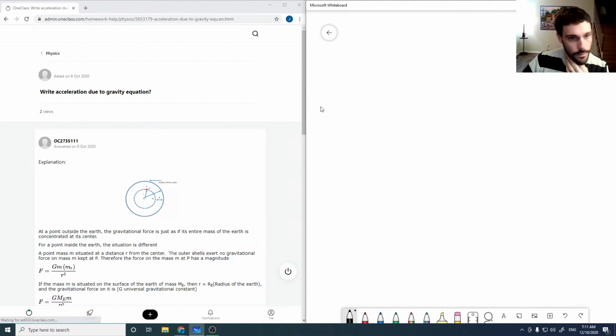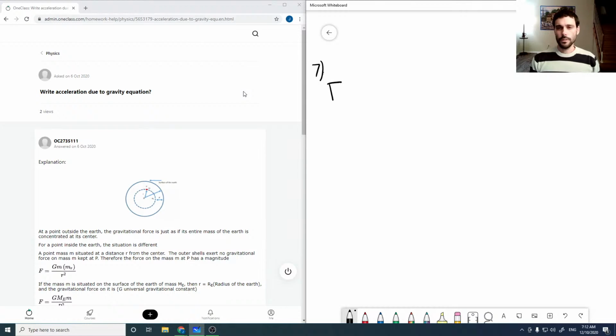And, okay, so what's the acceleration due to gravity equation? All right, so this is, I believe, my 7th, but I don't know if I've been numbering it. Our acceleration due to gravity, I assume it means on the planet Earth, or at least that's what I'm going to do it for.